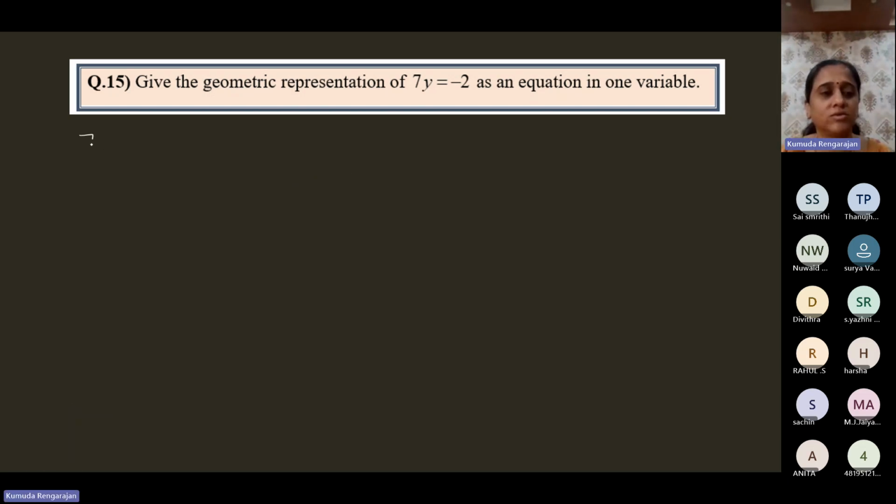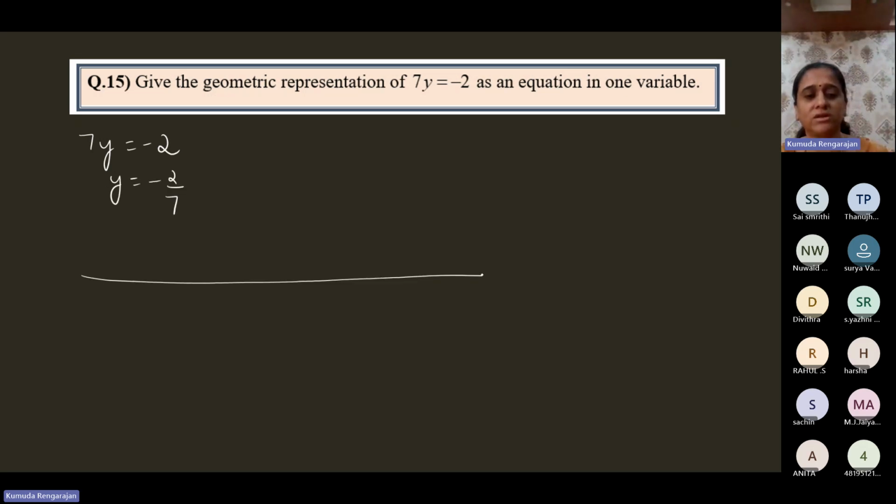So 7y is equal to minus 2, y is equal to minus 2 by 7. Its geometric representation is a point on the number line. So 0, minus 1 by 7, minus 2 by 7, minus 3 by 7, minus 4 by 7. You could just show some markings on either side, 1 by 7, 2 by 7. And 7 by 7 is 1.